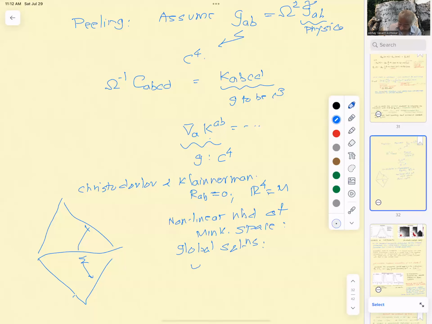In Newman-Penrose language, psi4 naught exists, psi3 naught exists, psi2 naught exists, but psi1 naught does not exist. It blows up at scri-plus.